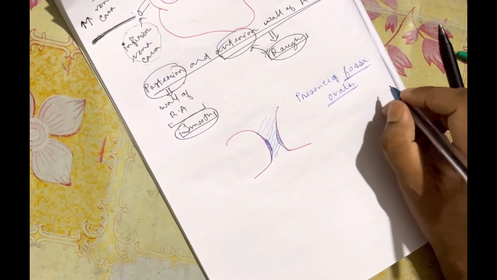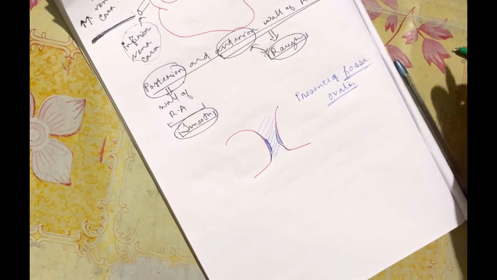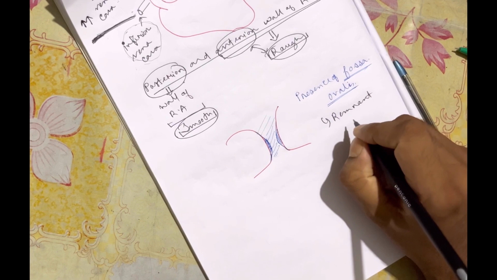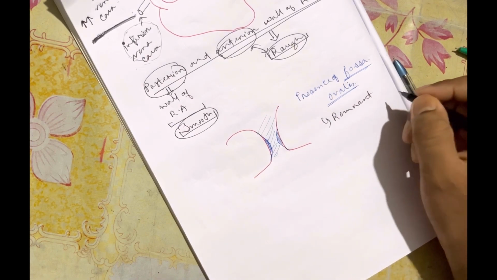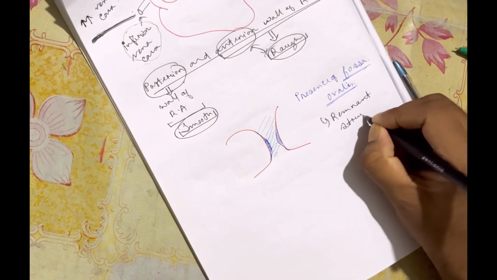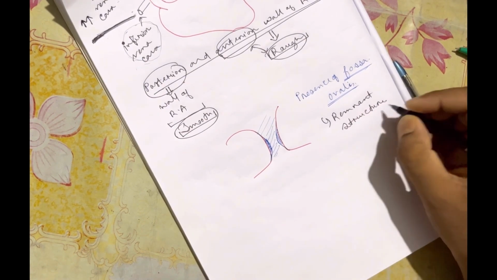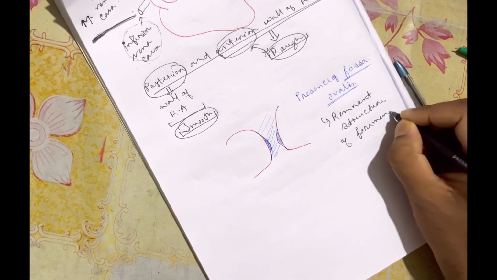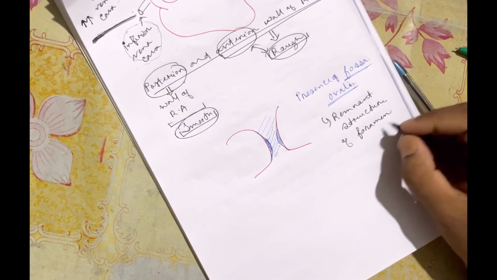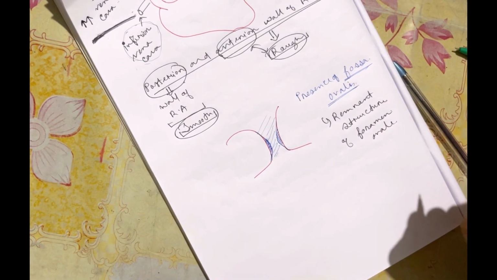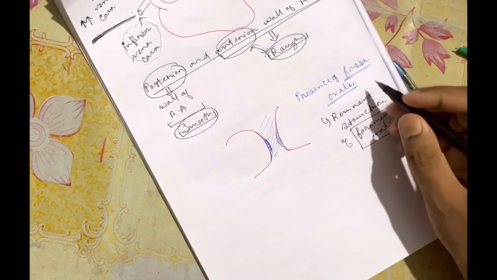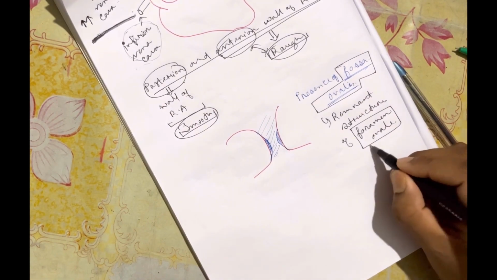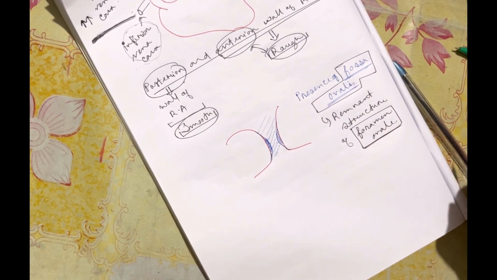The fossa ovalis is a remnant structure of the foramen ovale. These two terms will come again: what is the fossa ovalis and what is the foramen ovale?